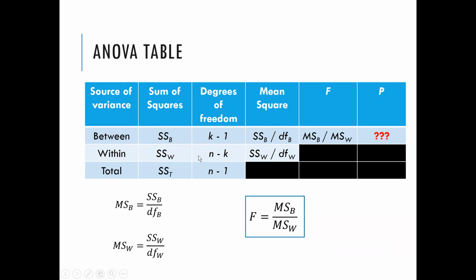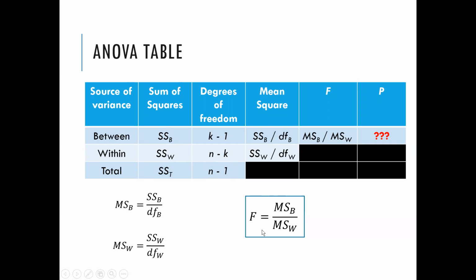And the degrees of freedom for the within group variance is the number of observations, or the number of people overall, minus the number of groups, and then the number of people minus 1 for the total degrees of freedom. Okay, so here's just an equation form, the mean square for between group variance, the mean square for within group variance.